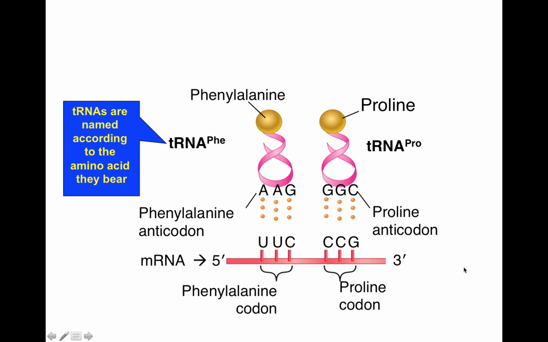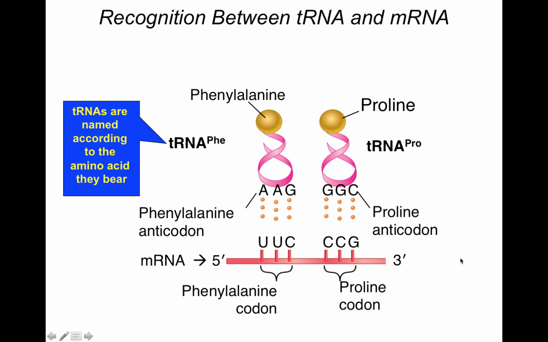Okay, so the recognition between the tRNA and the mRNA occurs via hydrogen bonding between the nucleotides of the anticodon loop and the codon nucleotides in the messenger RNA.